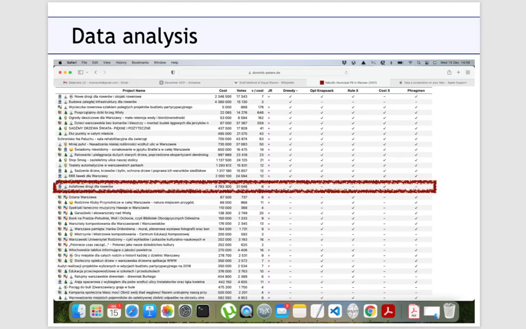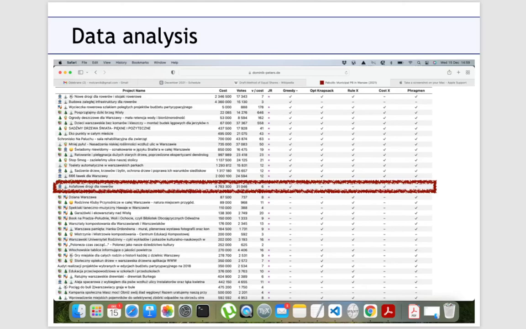Some of the projects selected by these two rules would be the same. One such project would be new bike paths. This is a very expensive project. It costs more than 4 million Polish zlotys, but it also receives high support, that is over 30,000 votes. And this project will be selected by both rules.